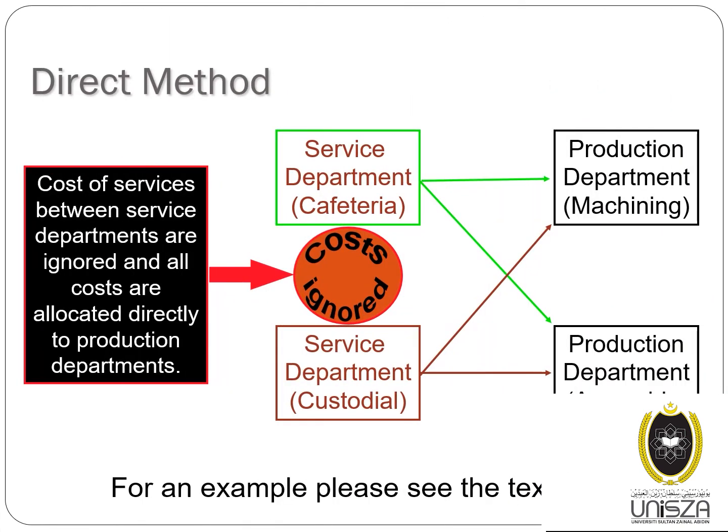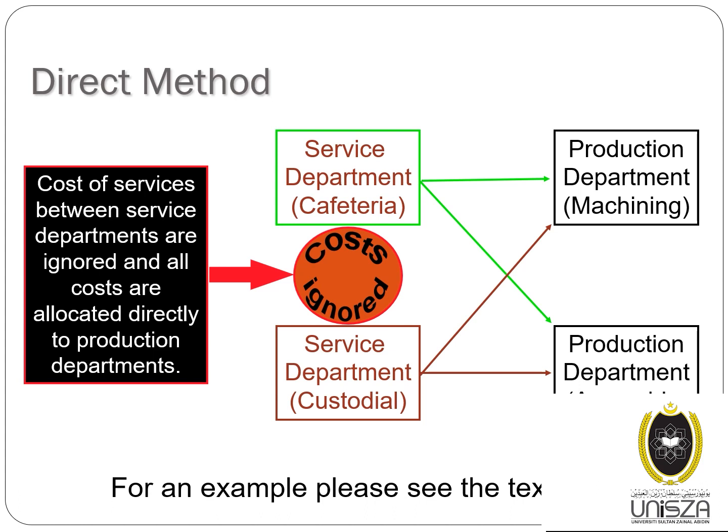Now we look first at the direct method. Under the direct method, each service department's costs are allocated among only the departments that consume part of the service department's outputs. The direct method ignores the fact that some service departments provide service to other service departments.